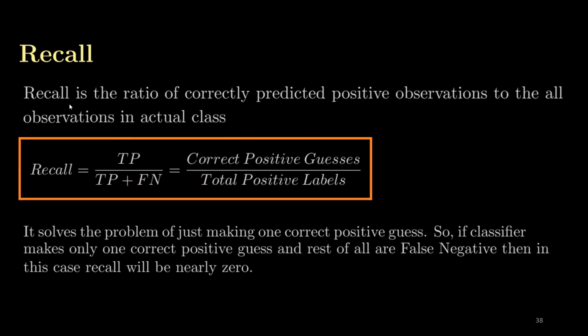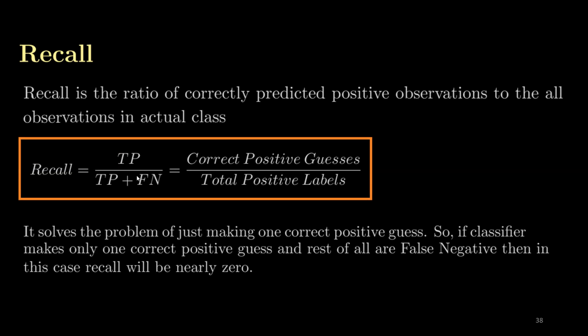Now look at recall. Recall is the ratio of correctly predicted positive observations to all observations in the actual class. So basically, there is one element different in recall as compared to precision. In precision, we have the false positive value here, whereas in recall, we have the false negative value here.